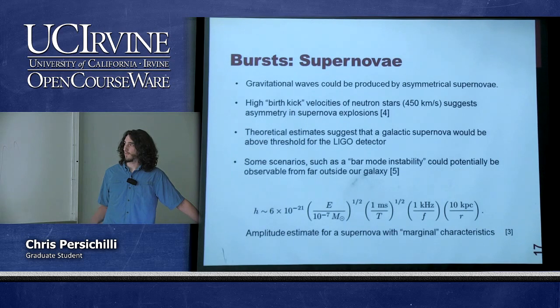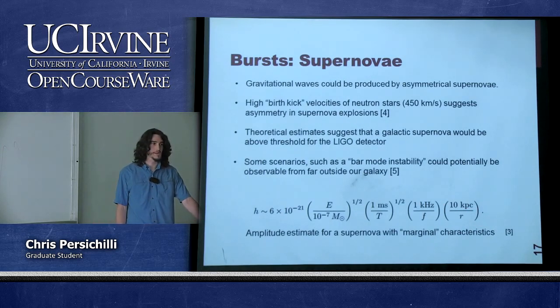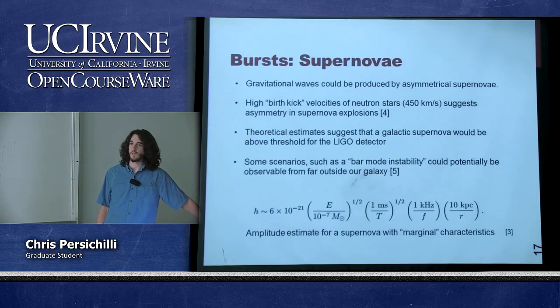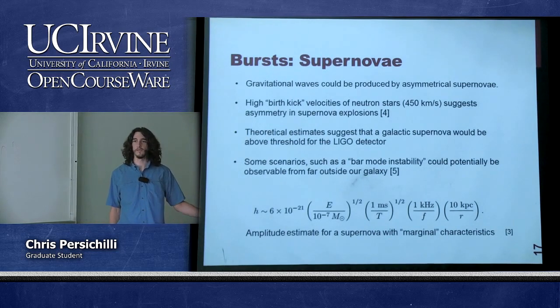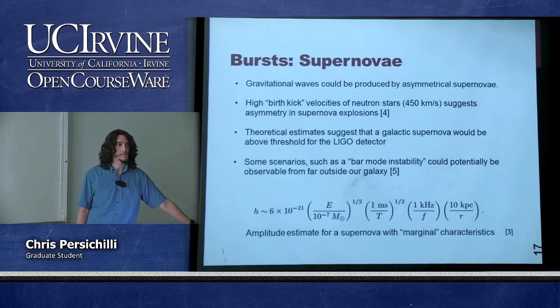And this is another one of those back of the napkin expressions for the amplitudes we expect from a supernova collapse, basically relating to the amount of energy that's released. By putting some marginal values in there, we would expect that if there was a supernova in our galaxy, we would probably be able to detect it with the initial runs of LIGO or Virgo.